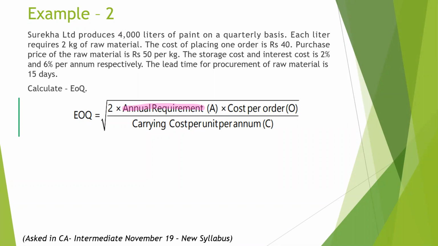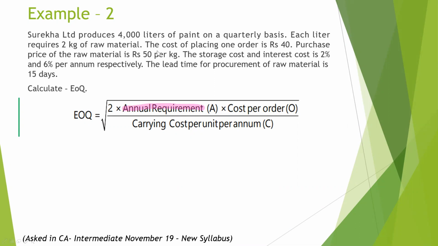Over here, a mistake can be made. People might consider that this 4,000 liter is the annual requirement, but we have to be careful at this stage. It is given that it produces 4,000 liters of paint. That is, 4,000 liter is the finished products. It is not the raw material used.